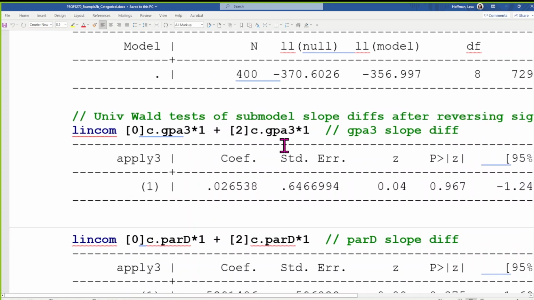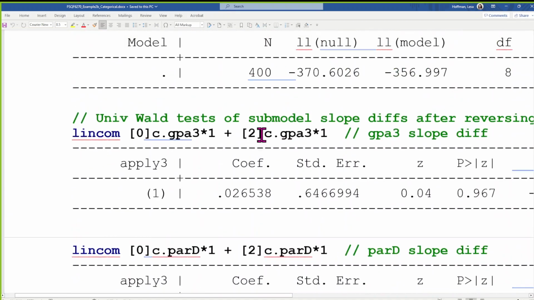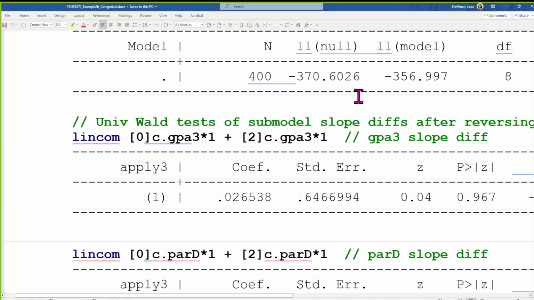Let me zoom in here. This looks different than usual. If I want to test a difference between slopes, for instance, is the effect of number of publications stronger than the effect of number of posters, hypothetically speaking, right? If I wanted to do that, what would a linear contrast look like?